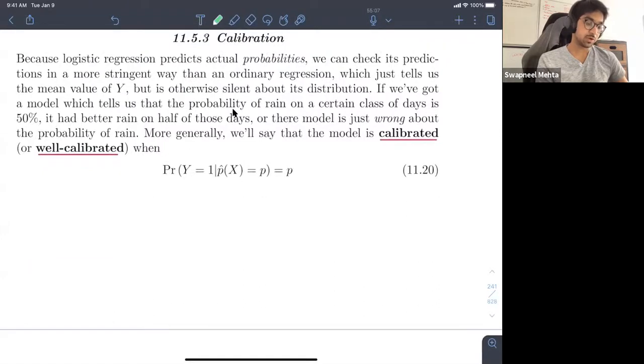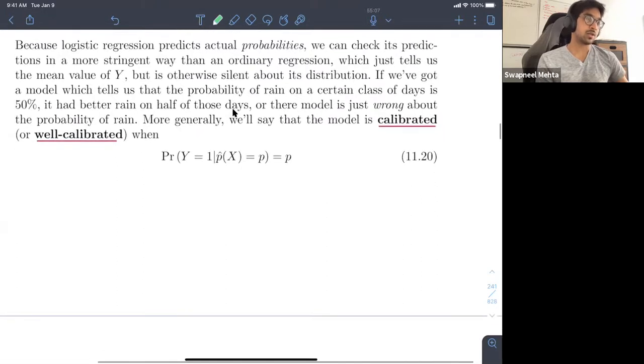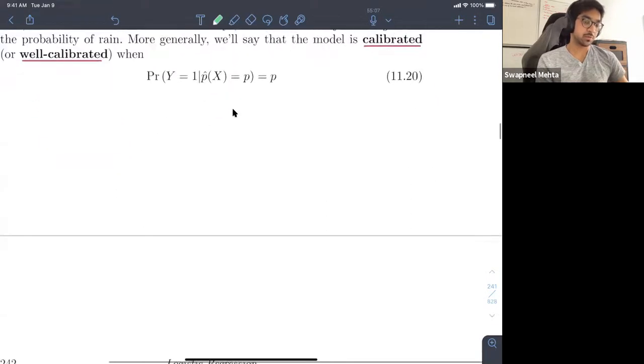So now we want to talk about calibration, which has to do with this uncertainty and this probability. Your model should output the right probabilities for y, like y belonging to a certain class, or y is equal to one.